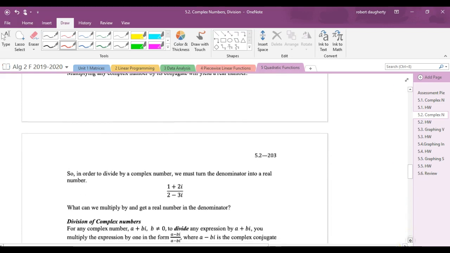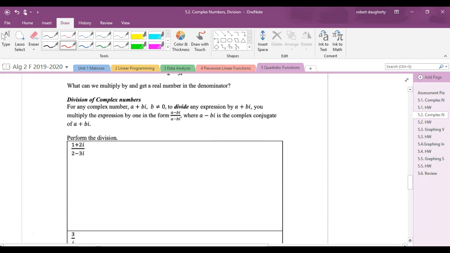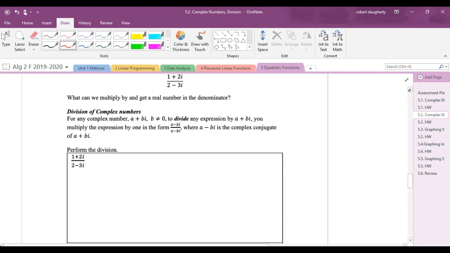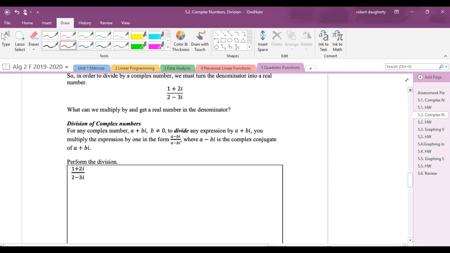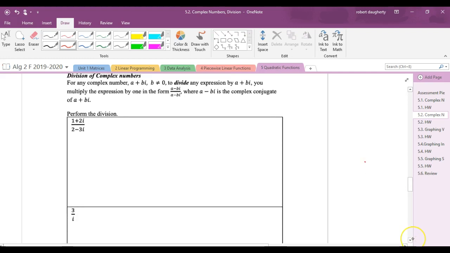So let's do a few examples. What I would like to do is this particular operation. I want to take 1 plus 2i and divide it by 2 minus 3i. The way I'm going to do this is turn it into a multiplication problem. So 1 plus 2i over 2 minus 3i.